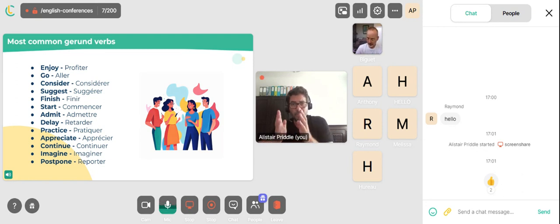We mean that these are the verbs that come before the gerund as an object. So let's have a think again. Listen to these verbs: enjoy, go, consider, suggest, finish, start, admit, delay, practice, appreciate, continue, imagine, postpone.